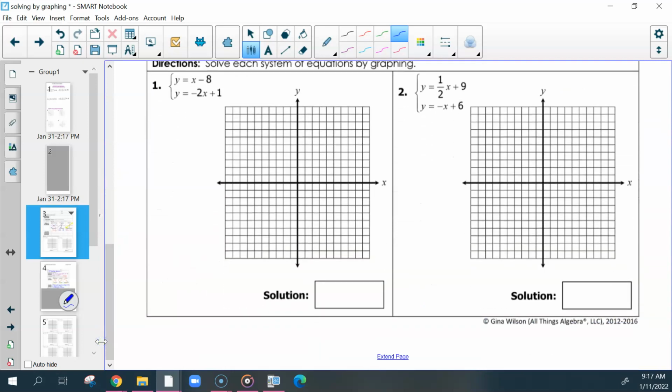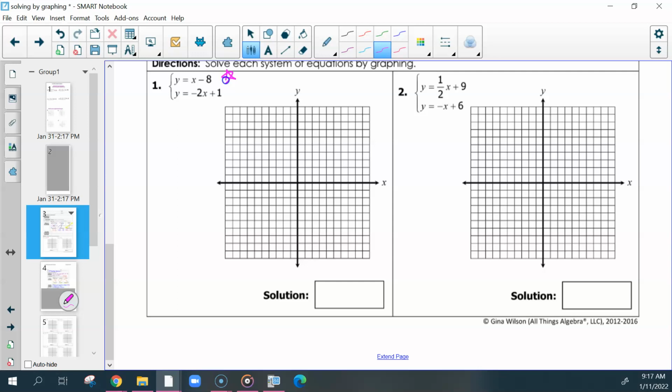We're going to do a few examples together, then I'll let you try some. So let's start with number 1. I'm going to do these in 2 separate colors, that way you know which ones are which. In order to graph a line, well first, let's backtrack. If I'm looking at these 2 equations, would these 2 lines be parallel?